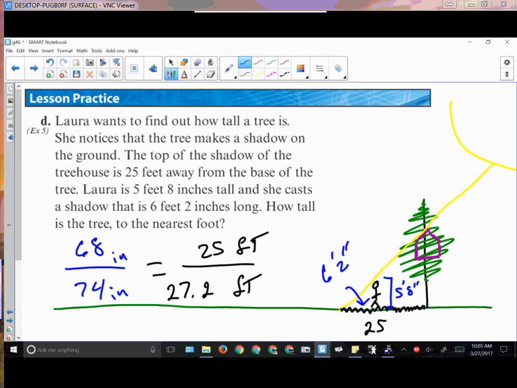How tall is the tree? I still don't know, do I? She notices that the tree makes a shadow on the ground. The top of the shadow of the tree house is 25 feet away. So that would really only give us this much, right?